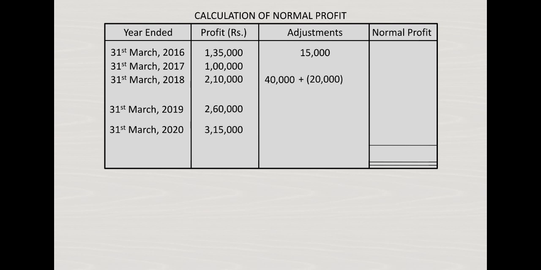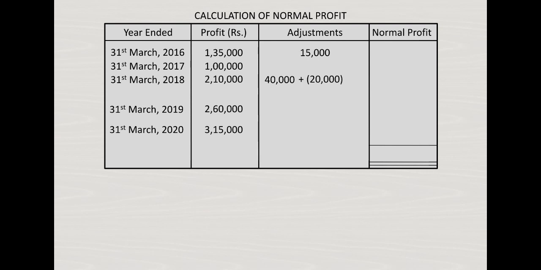Then in the third adjustment, depreciation is charged at the rate of 20% on diminishing balance method. This rupees 40,000, when we did not debit it to machinery account, we did not increase the value of machinery. So we know that we must not have charged depreciation on the machinery. So now we will charge that.